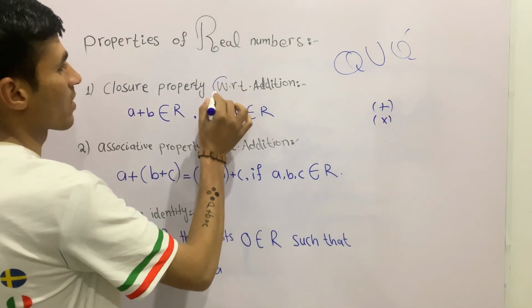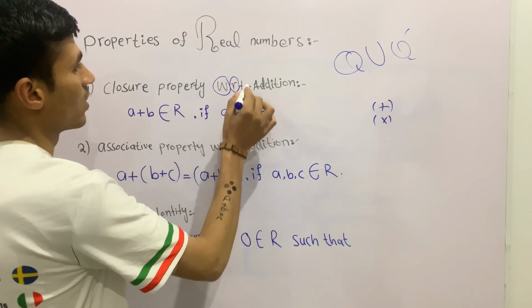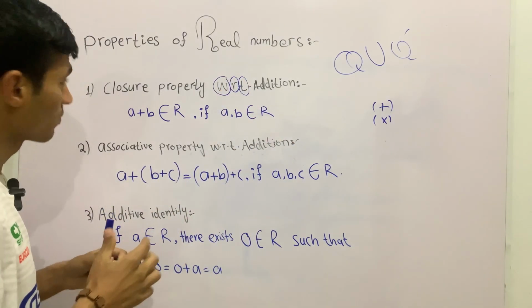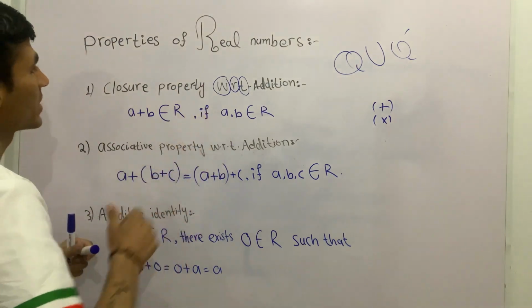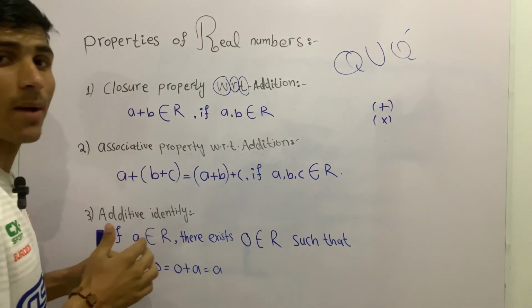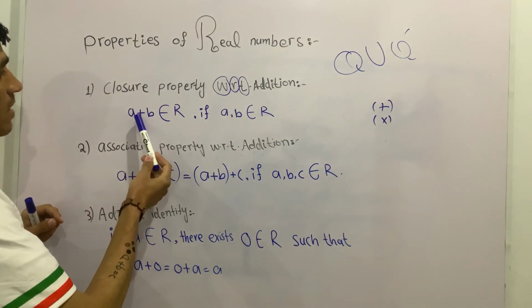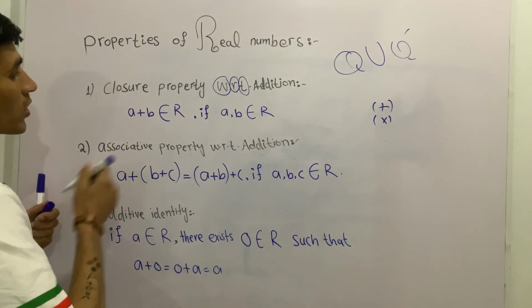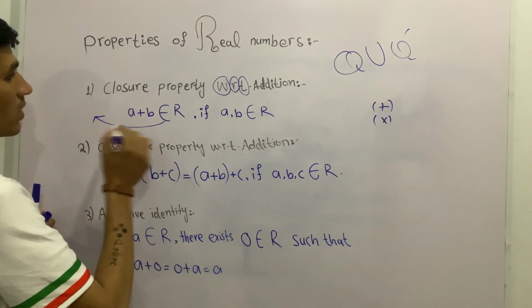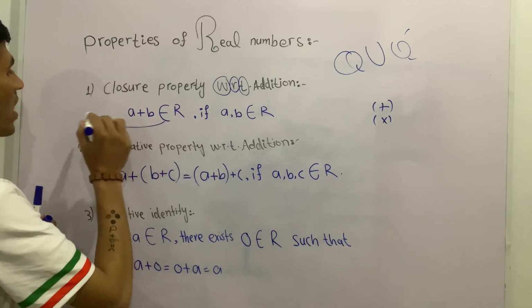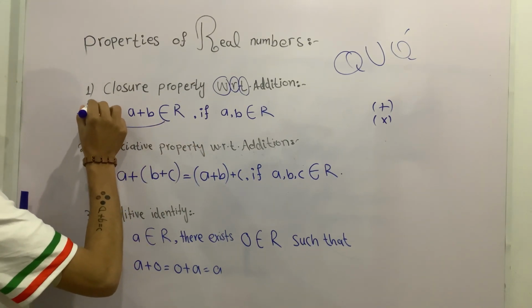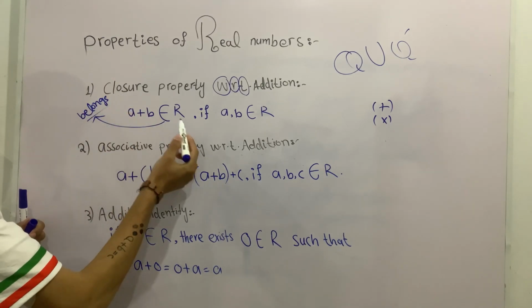So what this closure property says is that A plus B belongs to R. This is the symbol for belongs to.